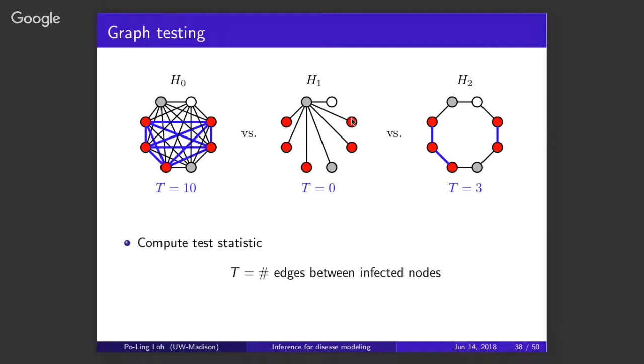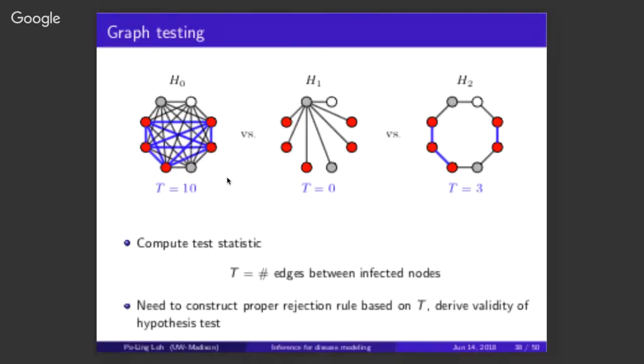In the star, it's 0, which doesn't seem quite so likely, because you would expect that if infections are actually spreading along the edges of the graph, then probably the red ones are pretty well connected within the graph that you're looking at. And then the one on the right is somewhere in between. So there are some connections between red nodes, but not a whole lot. So the test statistic that we looked at is simply the count of the number of blue lines, the edges between infected nodes.